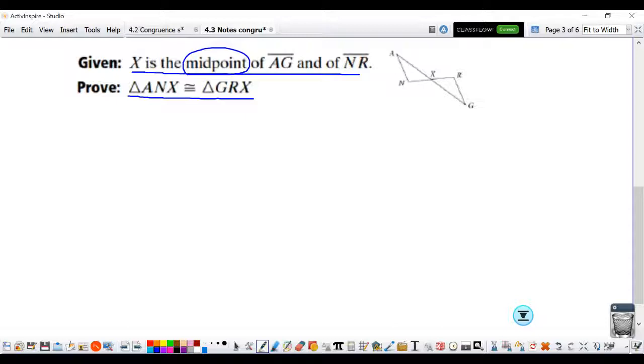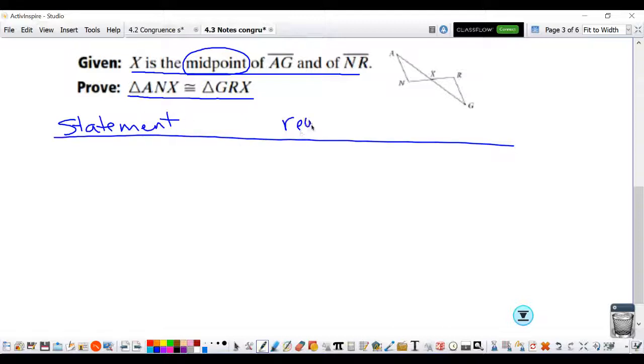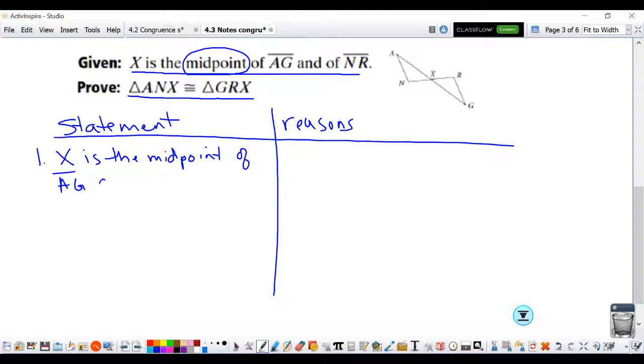All right, so let's see, statement, and why can we say that? Here, we're going to put our reasons. All right, so statement one, always going to drop down our given information. X is the midpoint of segment AG and of segment NR. And we can say that. Why can we say that? Because they gave it to us.